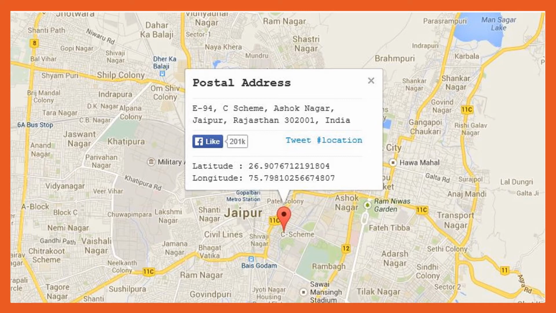These are latitudes and longitudes. Now, what are these longitudes and latitudes? Well, these are very unique numbers which are stored for every place on the earth. So, let's see what these latitudes and longitudes are.